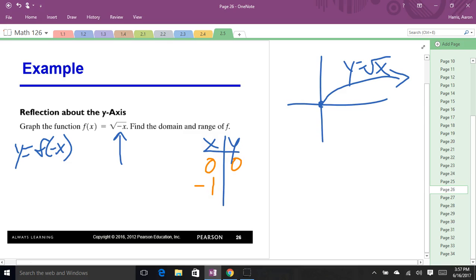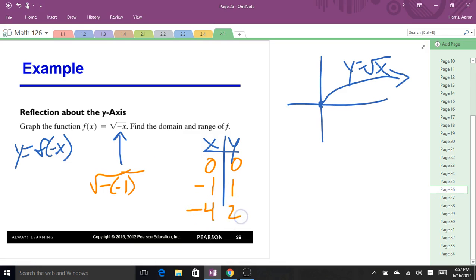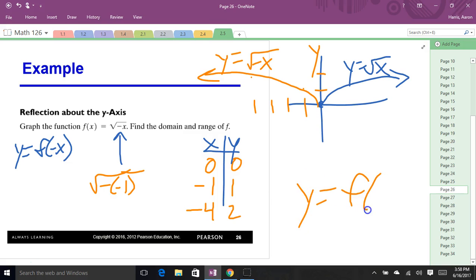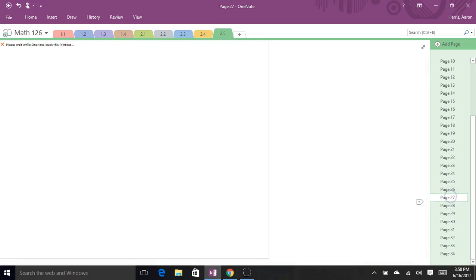Throw in negative 1, because you're taking the square root of negative times negative 1, which is 1, then you take the square root, and so on. You can plot these points, and soon enough you see here's your reflection about the y-axis. This is a reflection about the y-axis when negative x goes in for x.